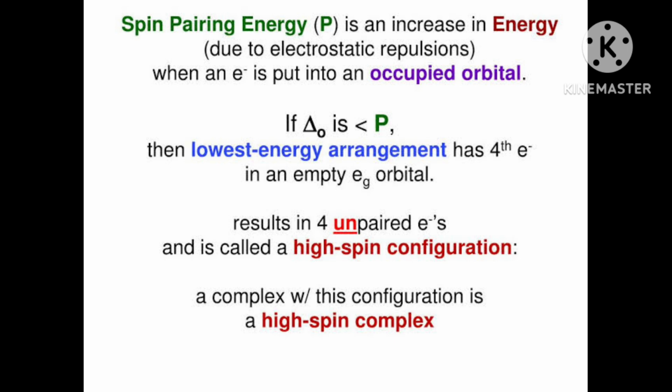That's why low spin configurations are rarely observed, meaning very few possibilities. Pairing is not possible because the splitting energy is less, hence it can't pair.